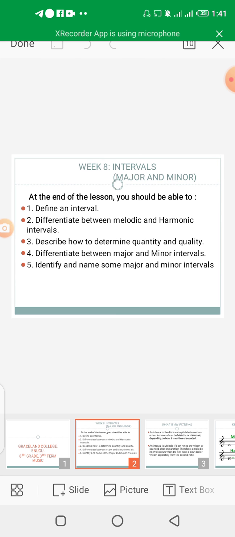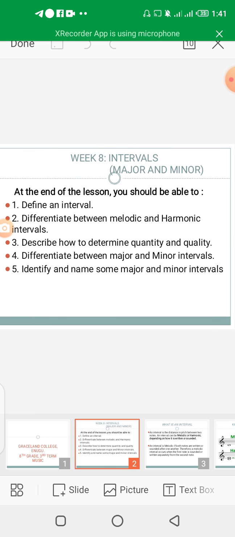Now, at the end of this lesson, the student should be able to, one, define interval. The student should be able to tell me what an interval is. Secondly, they should be able to differentiate between a melodic and a harmonic interval.